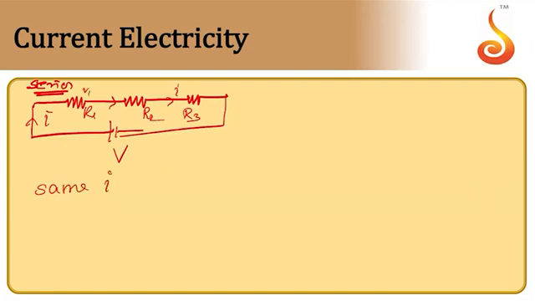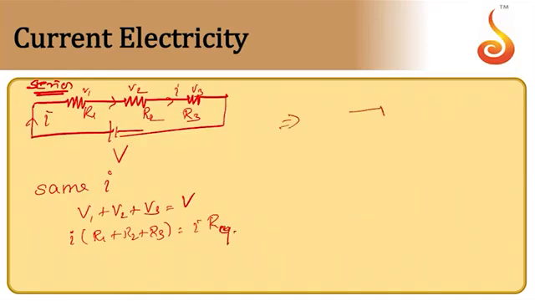As the currents are the same, the potential differences are different, V1, V2, V3. So we can write V1 + V2 + V3 = V. So we can write I(R1 + R2 + R3) = I × R effective or equivalent.